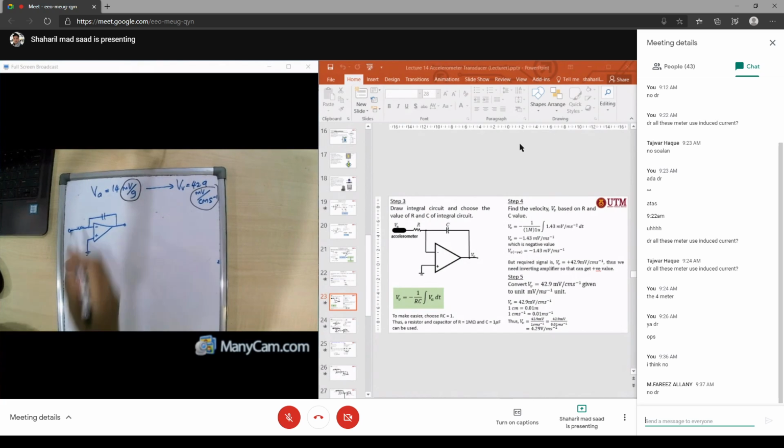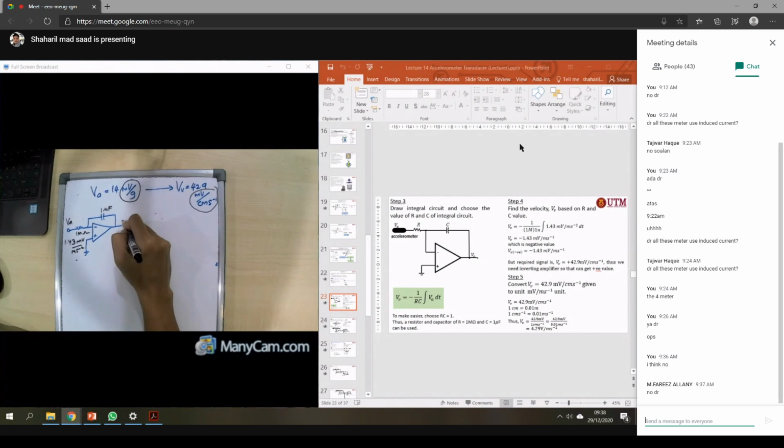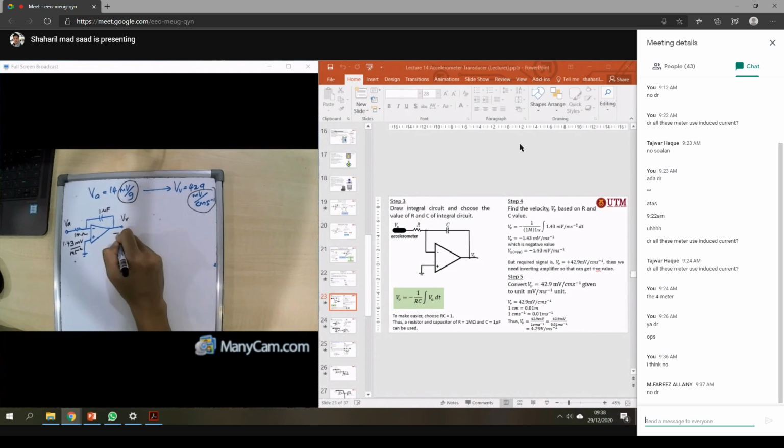So you check, this is 1 megaohm, and this one is 1 microfarad, and your VA is now equal to 1.43 millivolt per meter per second squared. Now this one, you got it, is your VB, equal to minus 1.43 millivolt per meter per second.